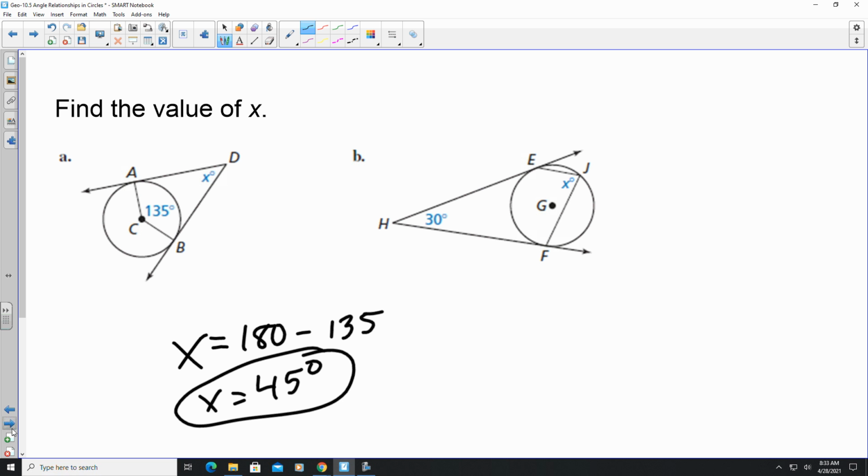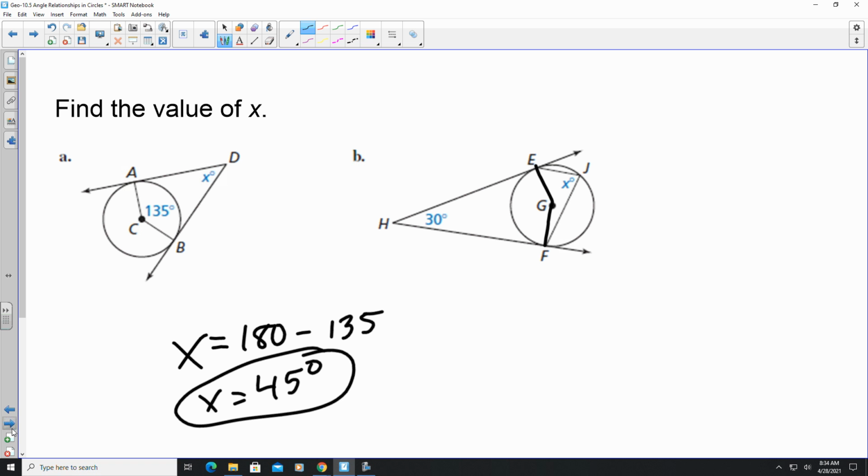In example B, it is a little bit different, because if we originally wanted to find this, they don't give us that. So what we can say in this instance is that we need to find FGE first.